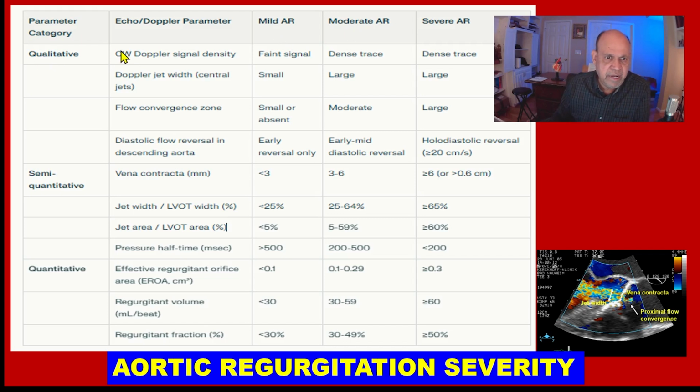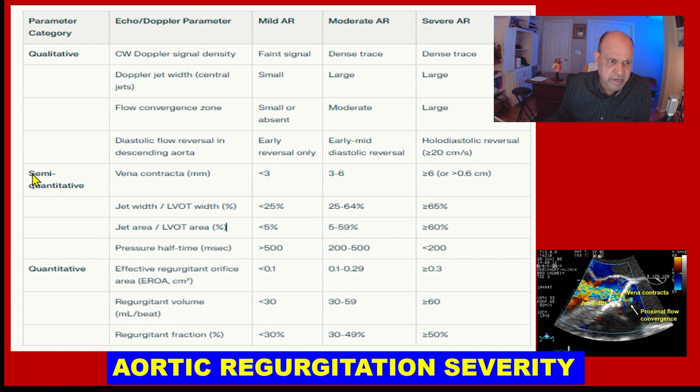Like looking at the color Doppler signal, if it's a faint signal, or is it a dense signal, it may suggest moderate to severe aortic regurgitation. Doppler jet width, I talked about the width. If it's greater than 40%, it is supposed to be moderate to severe aortic regurgitation. Flow convergence, small, moderate, large.